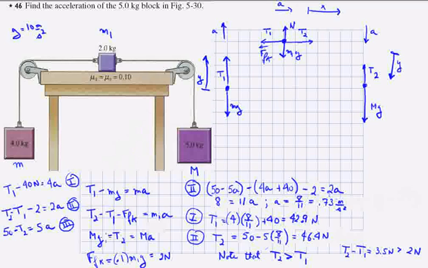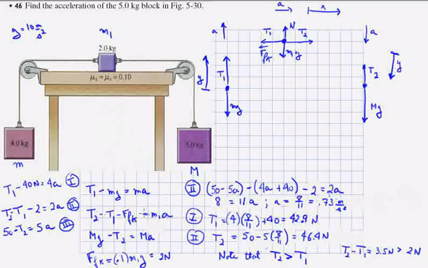Now I can use this free body diagram to write down my Newton number 2 equations. So I have 3 equations here plus my friction equation. Newton number 2 in the vertical y direction for little m is T1 minus little mg equals ma. For the little m1 mass, it's T2 minus T1 minus the kinetic friction is equal to m1a.